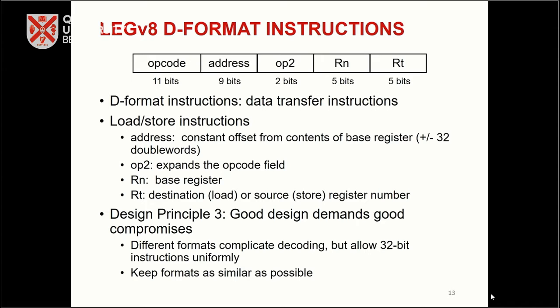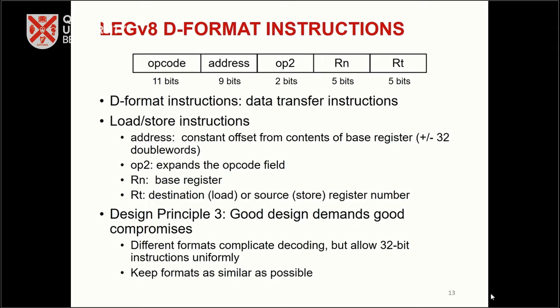Then we have op2, which just expands the operation code if needed. And then again, we have two registers. In this case, we have register N, which, as before, is the input register. And then instead of register destination, we have T from target, register target.